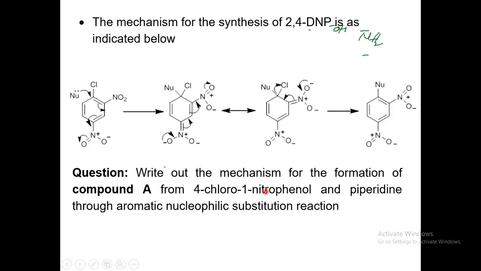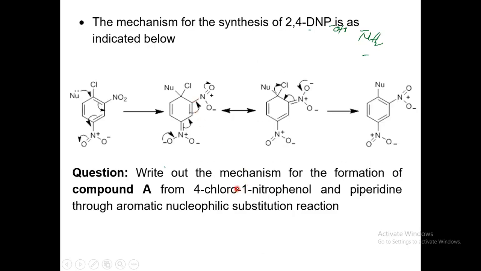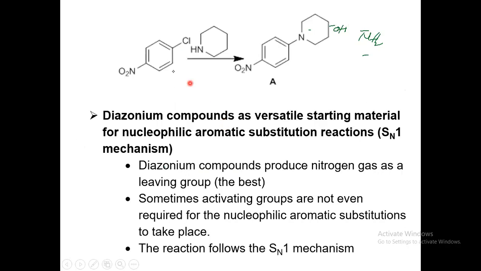So it can be maybe 2 or something. But per the structure here, the actual name for this compound that was supposed to be typed here will be 4-chloro-1-nitrobenzene. So 4-chloro-1-nitrobenzene, that is this one, right? So that is what we will use.